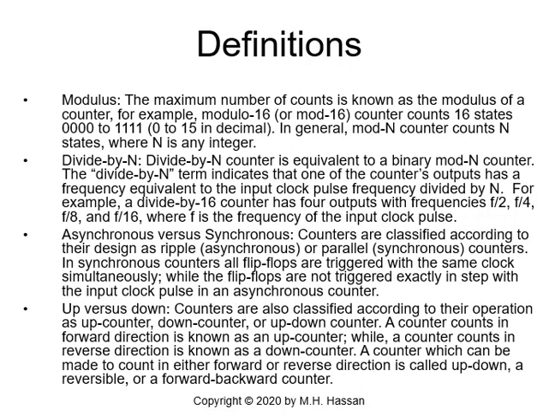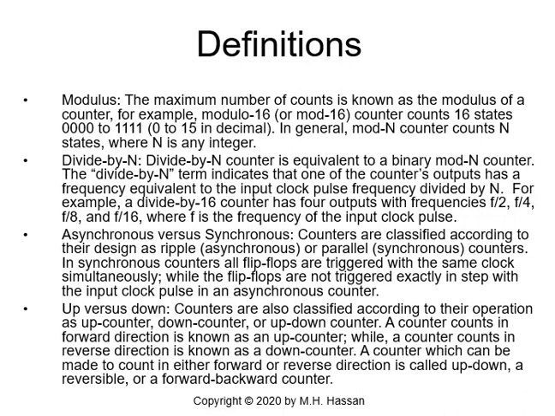Up versus down counters. Counters are also classified according to their operation as up counter, down counter, or up-down counter. A counter that counts in the forward direction is known as an up counter, like 0 to 1 to 3 to 4 to 5. A counter that counts in the down or reverse direction is called a down counter, like starting from 7, 6 down to 0.